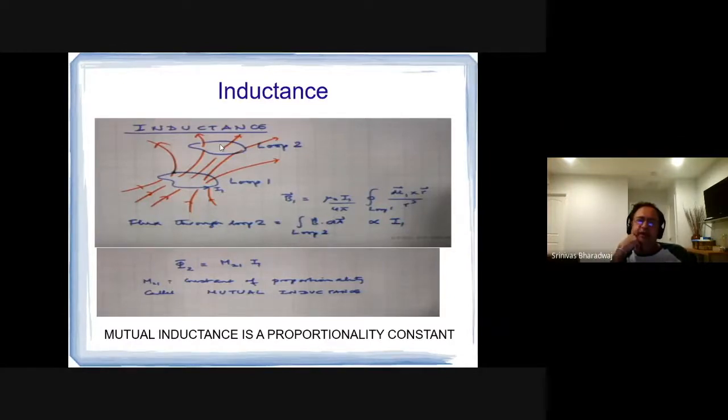The two are related by this constant, which is called mutual inductance. So let's reiterate what's going on. There is a current in this loop, and it is now inducing a current in the other loop.